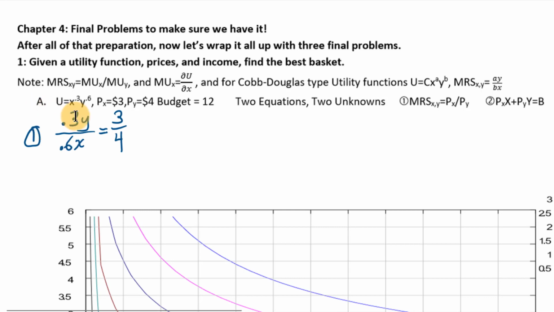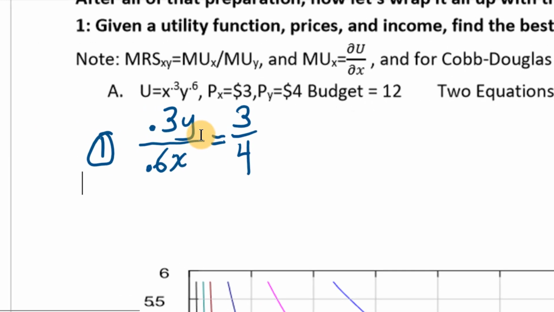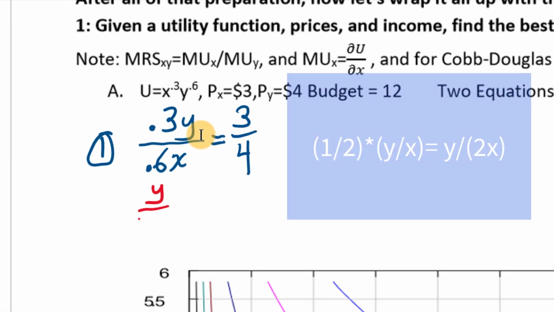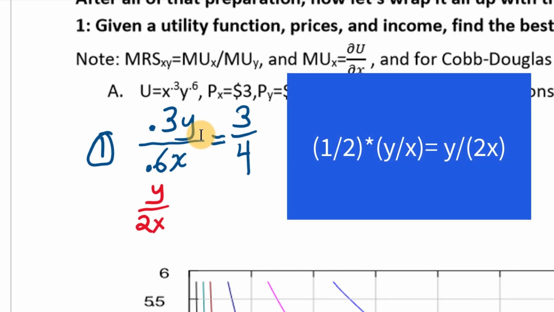So when I look at 0.3 over 0.6, that's the same as 3 over 6, which is the same as 1/2. So personally, I would simplify this by rewriting it as y over 2x, or you could write it as 0.5y, a half y, over x.